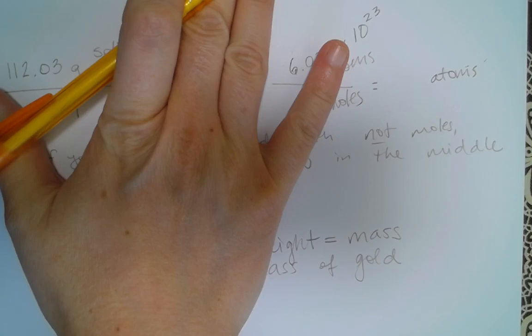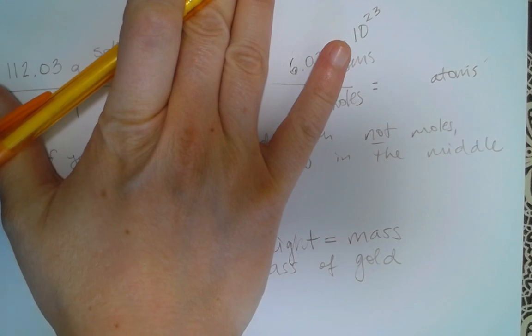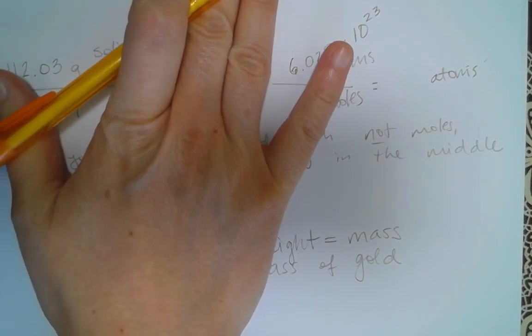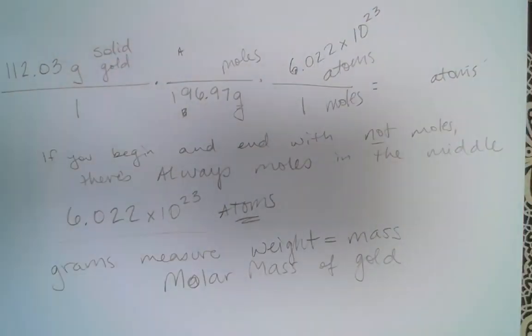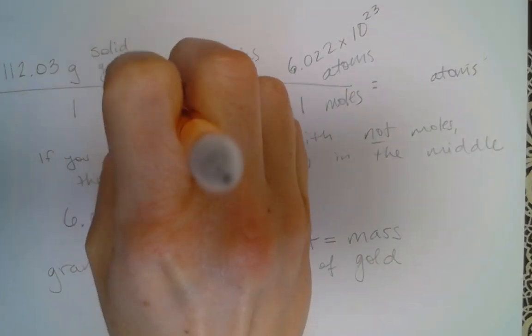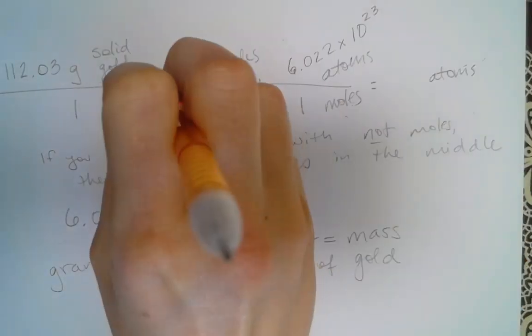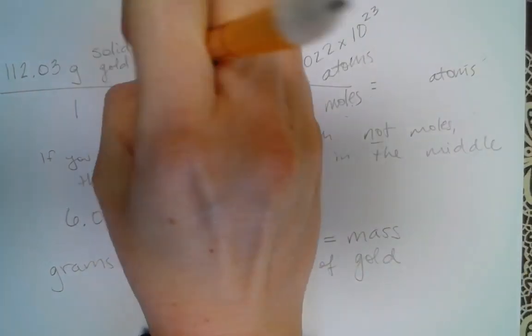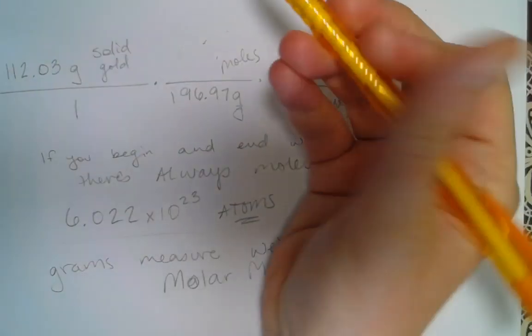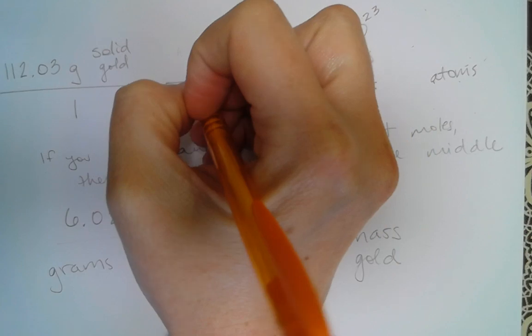Yes. That molar mass is the grams. So does it go on the top or the bottom? Oh, the bottom. Agree. Yup, it is that many grams. And then a 1 on the top, I think. Yes. Exactly.